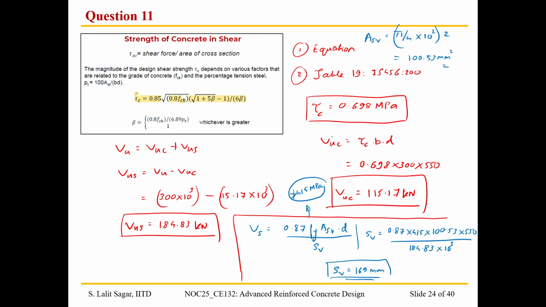This is incorrect because this corresponds to 8 mm diameter stirrups, but for 10 mm, ASV will be 157.08.